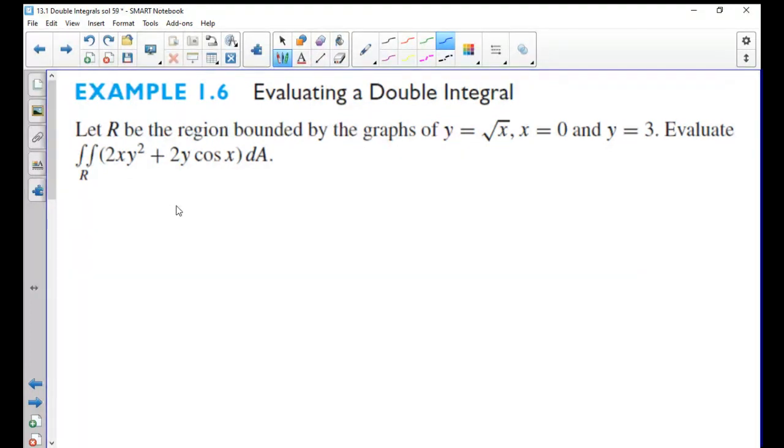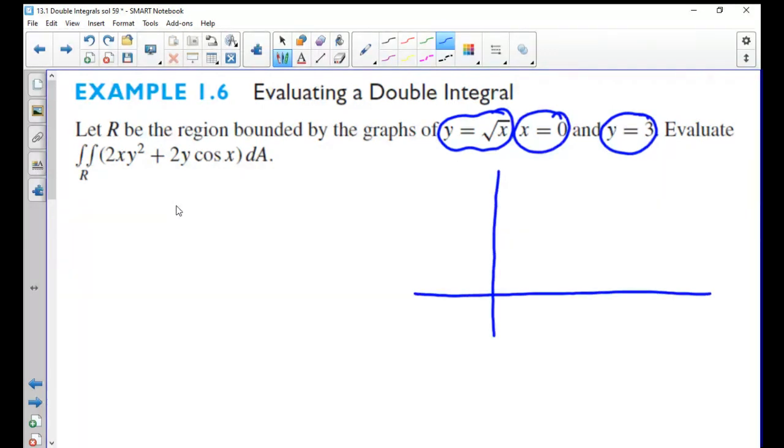Let R be the region bounded by this, this, and this. And I want to find this integral in this region. So first thing we need to do here then, again, is to graph.